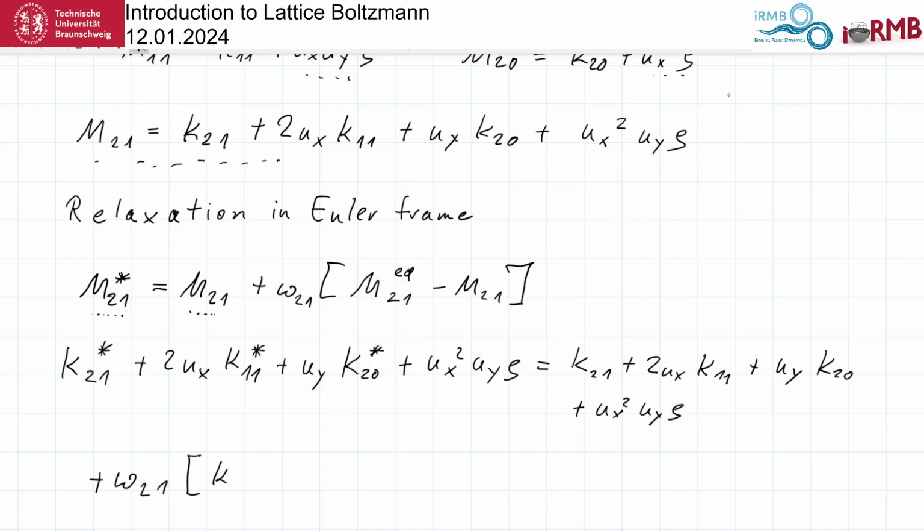Now everything is the same, just equilibrium: 2, 1 equilibrium plus 2 ux k 1, 1 equilibrium plus uy k 2, 0 equilibrium plus ux square uy times rho.